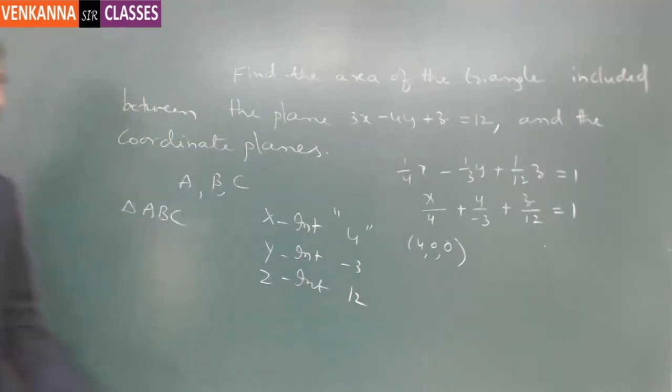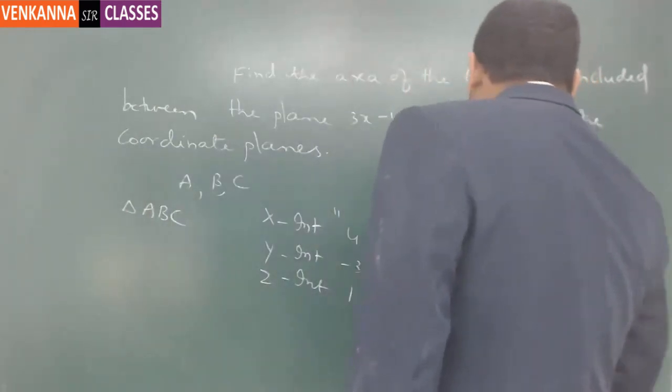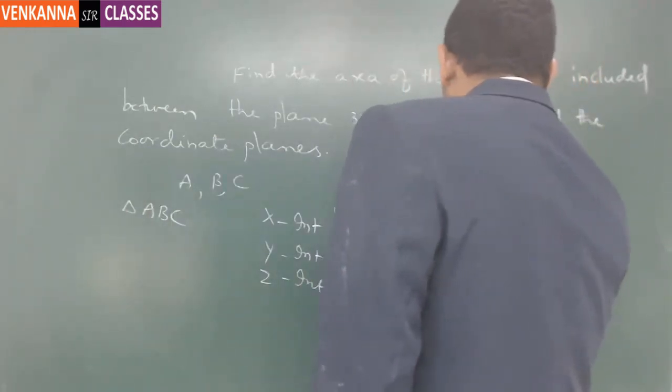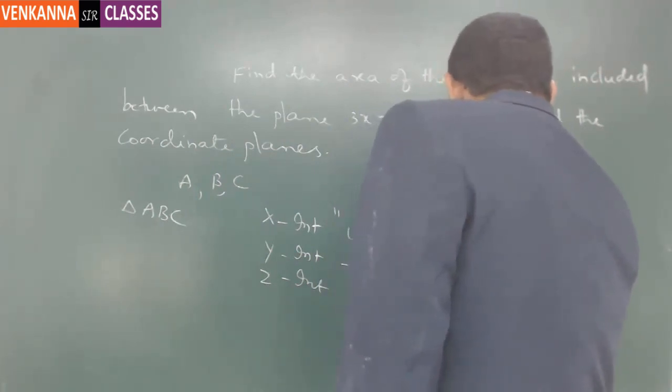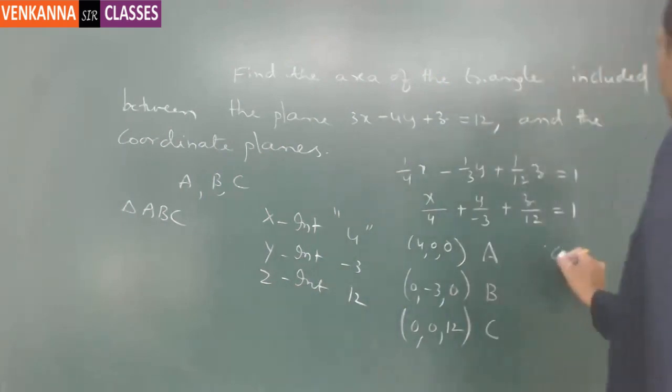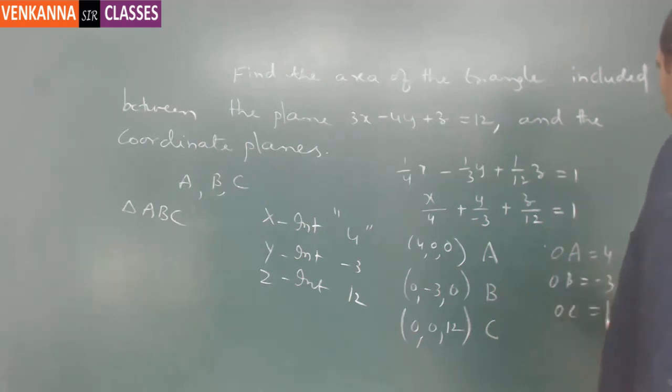So if you give the names as A, B, C, OA is equal to 4, OB is equal to minus 3, OC is equal to 12.